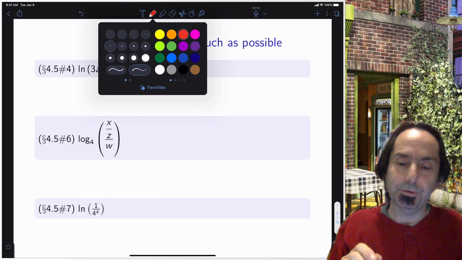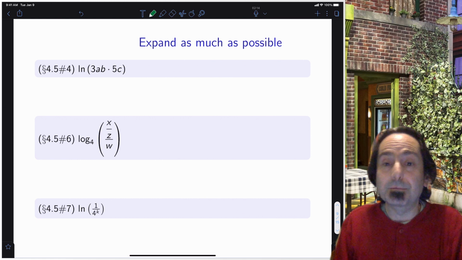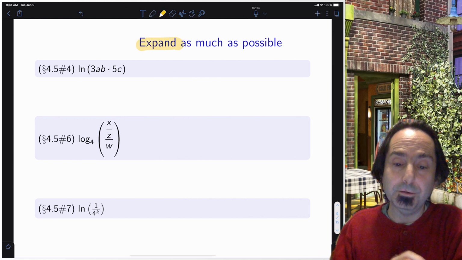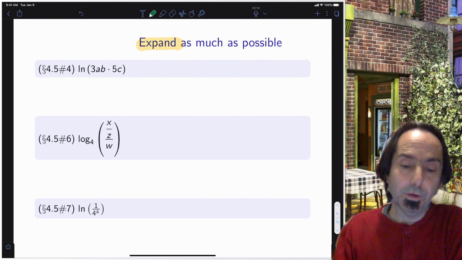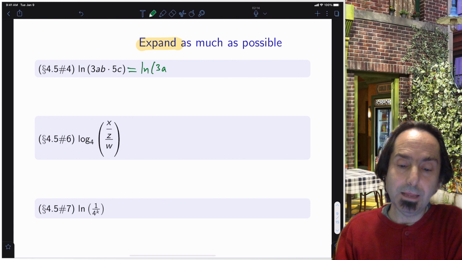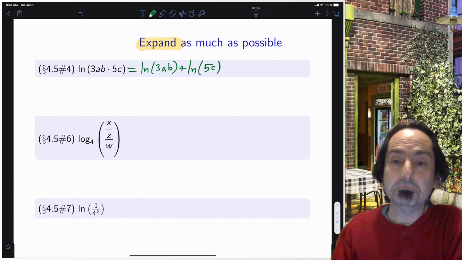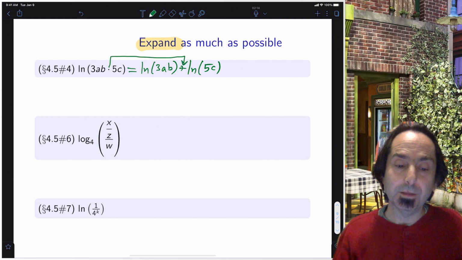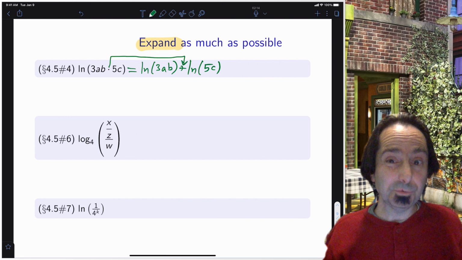Okay, now we're going to solve some problems. We've done the theory, now here's the practice. We want to expand. Well, what I see here is a product, so this is ln of 3ab plus ln of 5c. Because this product becomes a sum. That's what logarithms do. That's really interesting.